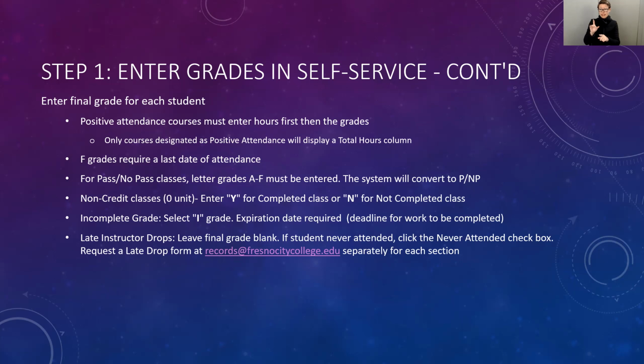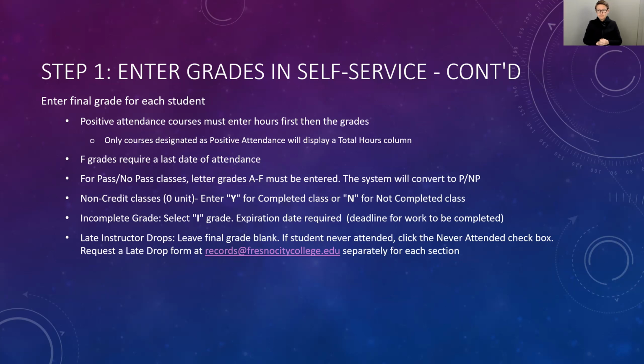Now, the default deadline for incomplete grades is usually the last day of the following semester. That does not include summer. Summers don't count as main terms. But at this point, you can give them any date you wish for the student to complete their work, in order for you to get your paperwork done and then turn it into me so I can upgrade their letter grade.